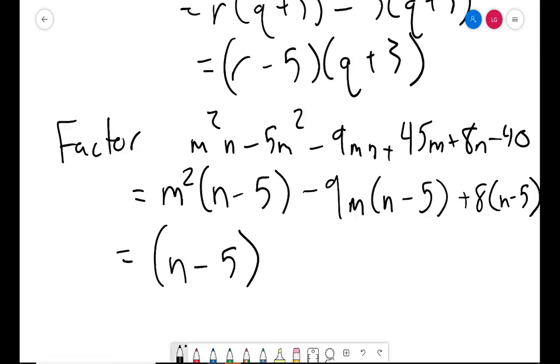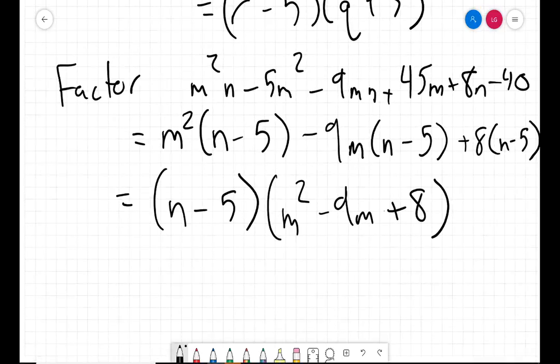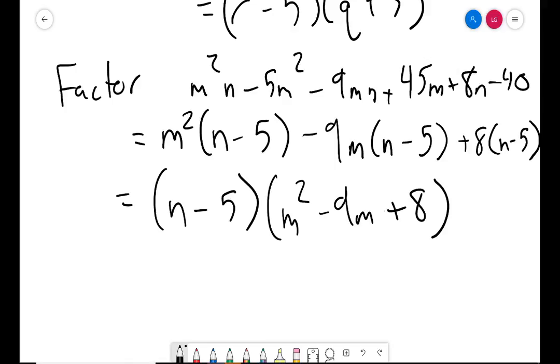We are able to group. They are going to have the same term in each of the 3 groupings, n minus 5, and therefore we can factor that out as well. And factoring that out there from the second line to the third line is undoing this distribution that's on the third line here.